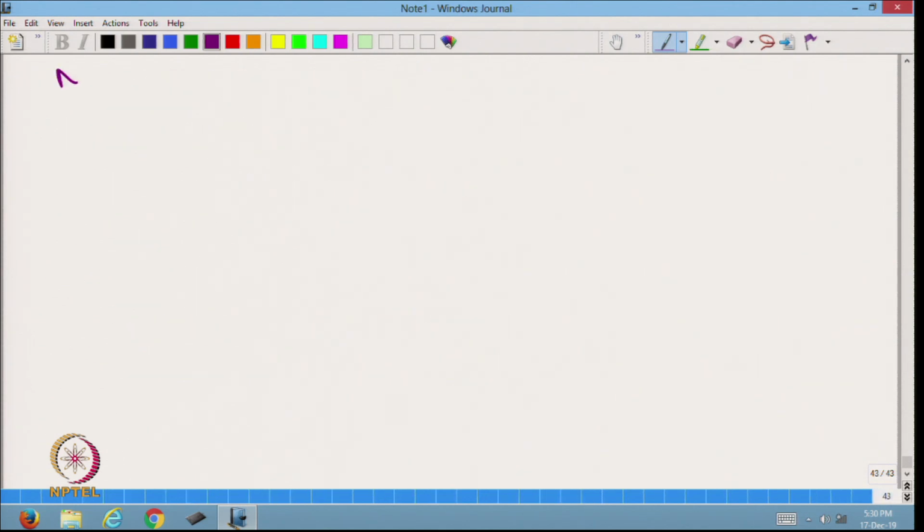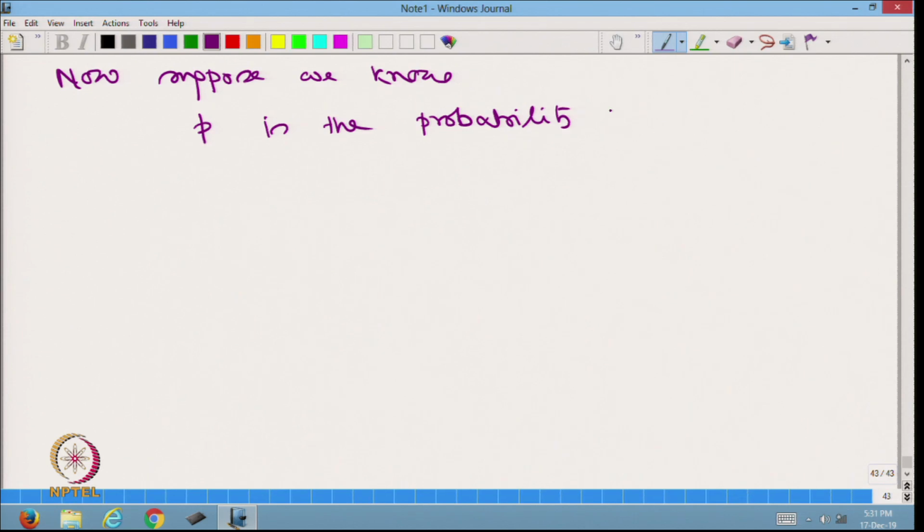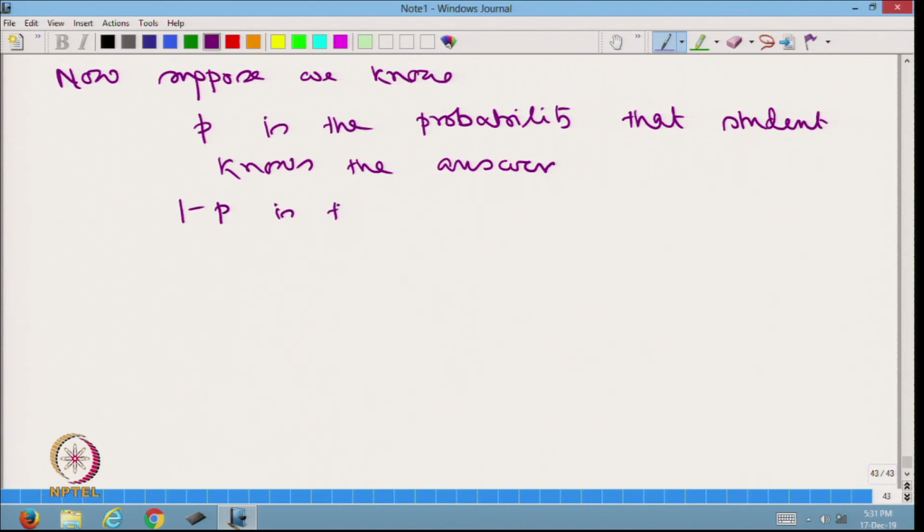Now, suppose we know P is the probability that the student knows the answer and 1 minus P is the probability that he guesses.